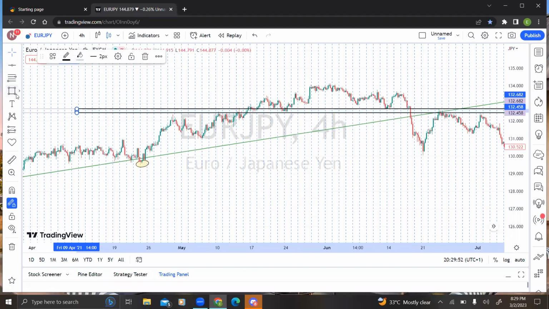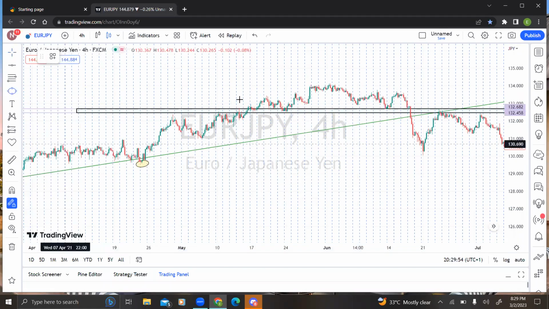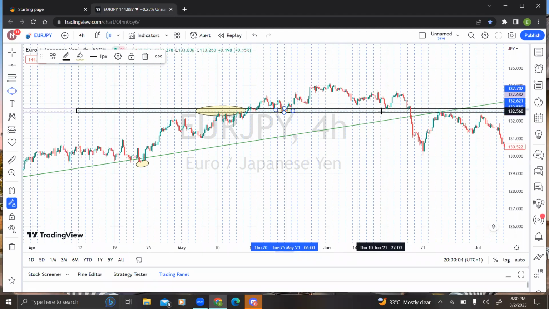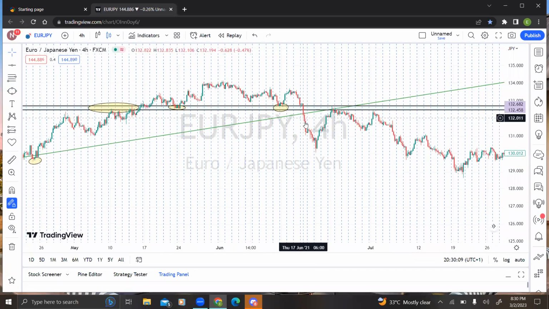Now notice how what was previously a resistance here became a floor here, right? Notice how it still remained a floor here. And then when price finally broke that floor, what do you think it did? It came back to identify it as what? As a resistance.